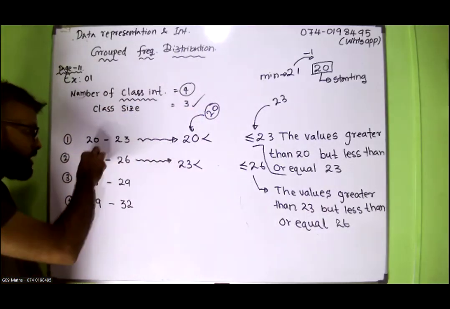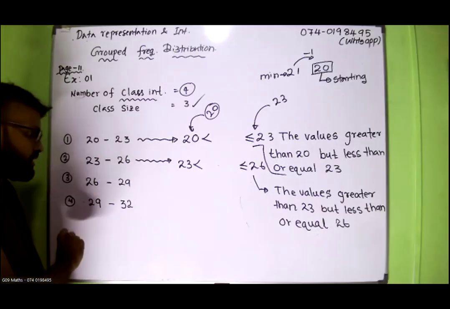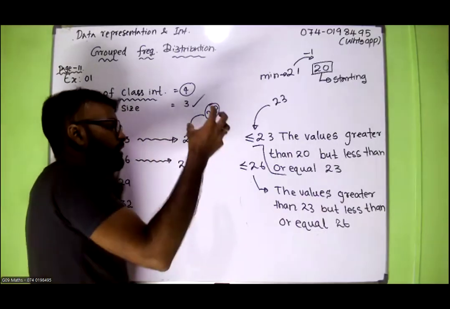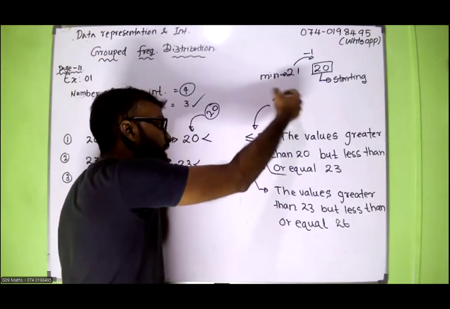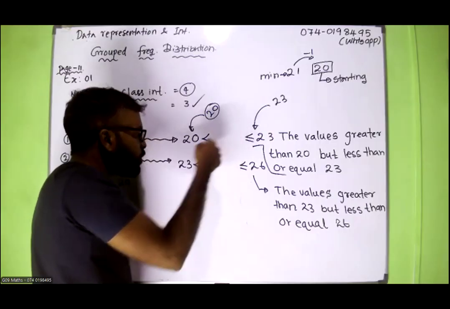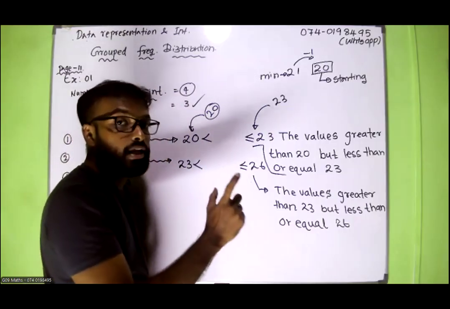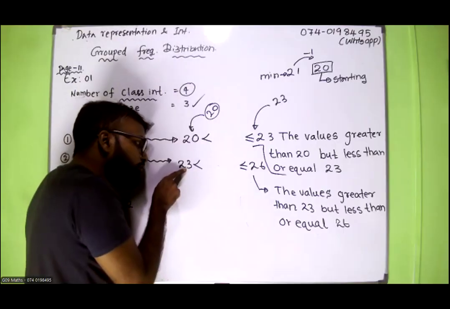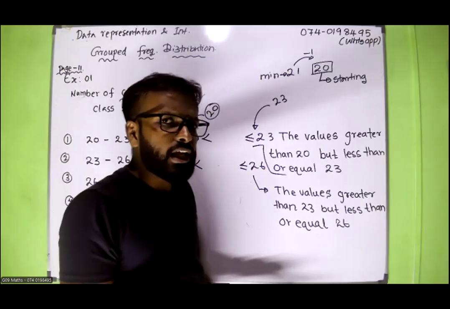And if we consider the second class interval, 23 to 26, the value 23 is included in the first class interval, not in the second, because you are defining the values greater than 23, not equal.